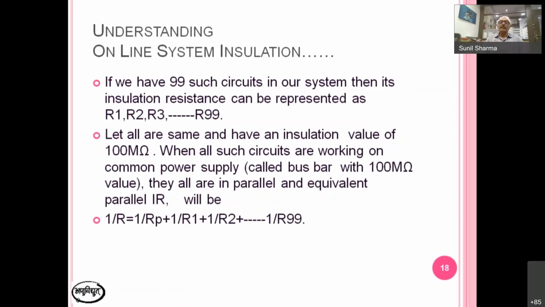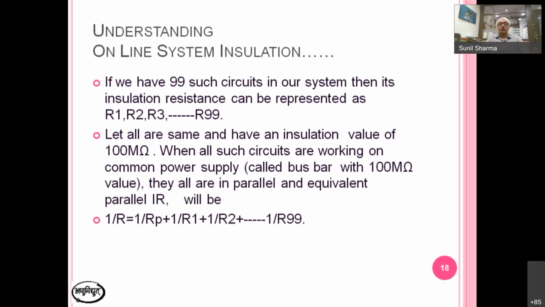Suppose 99 circuits are running with one bus bar. We can find their insulation in the similar manner: R1, R2, R3 up to R99. Only for example, to understand, they are similar. In practice, they are not similar.